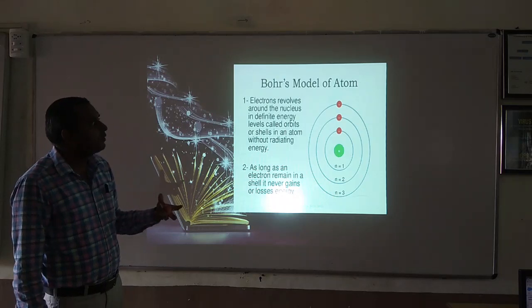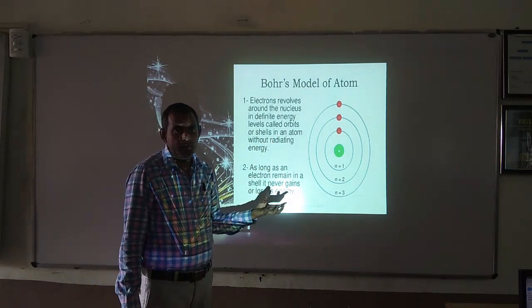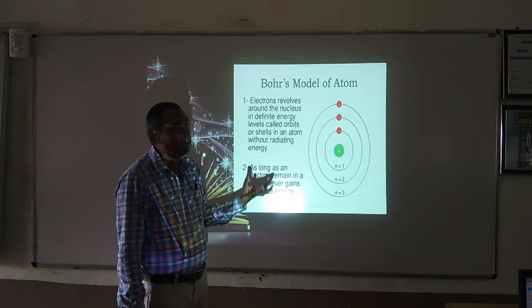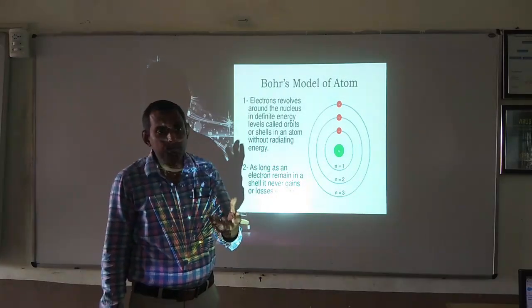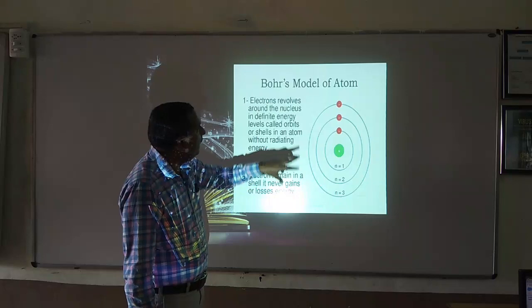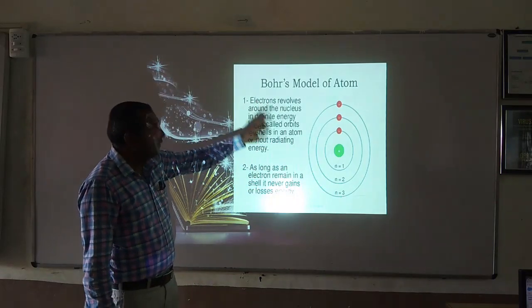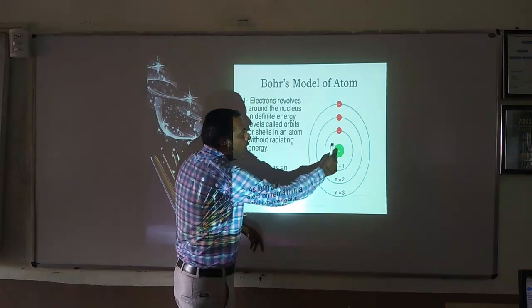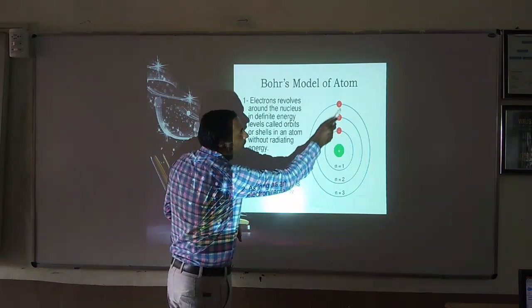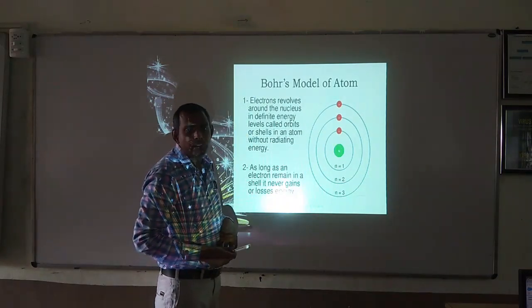Next comes Bohr's model of an atom. What has Bohr said about the atom? Bohr's postulates, or Bohr's atomic model. The first one is that electrons revolve around the nucleus. Here is the nucleus, and these red ones are electrons.